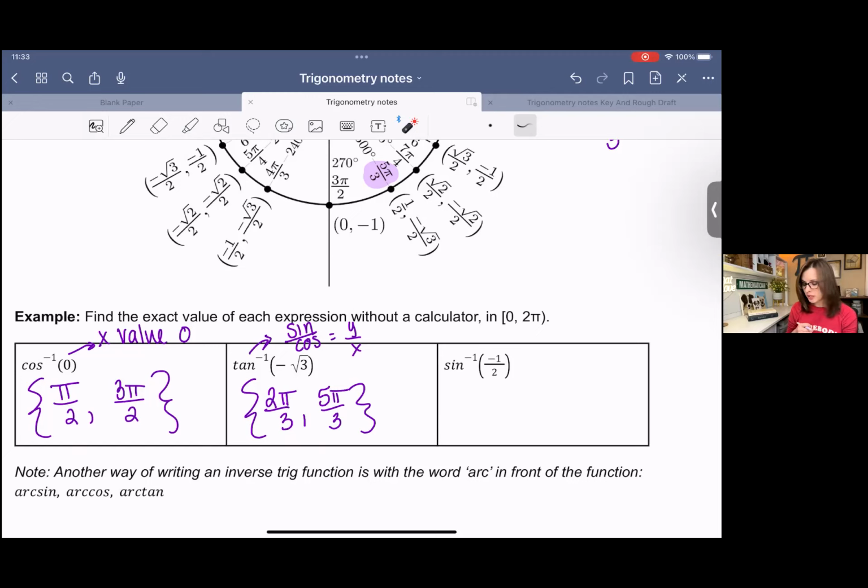All right, last one, inverse sine of -1/2. Sine is associated with which coordinate, x or y? If you said y, then you are correct. So we're looking for where the y coordinate is -1/2.